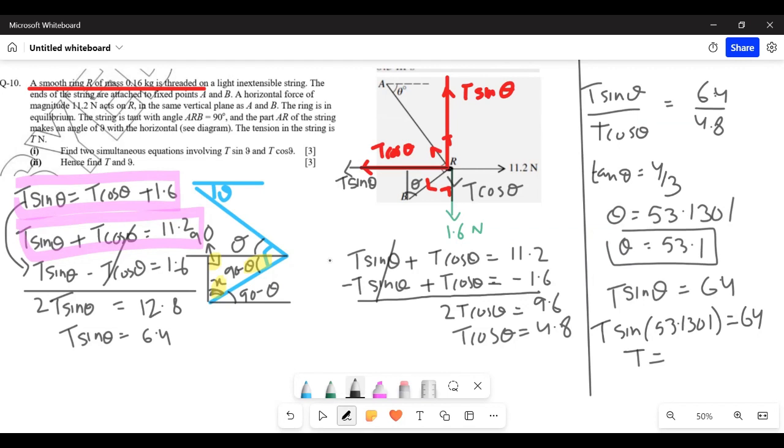Sorry, it was 6.4, not 64. So it comes out to be 8 newtons. Okay, so that's the answer for question number 10, part 2.